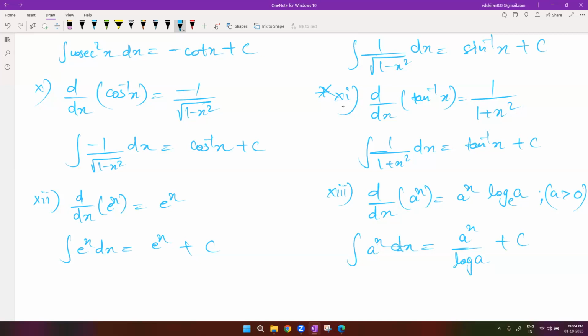Obviously, the base would be e. So these are some basic formulae. We can apply them easily, right? Please try to remember all of these formulae.